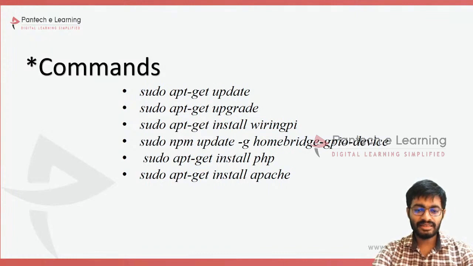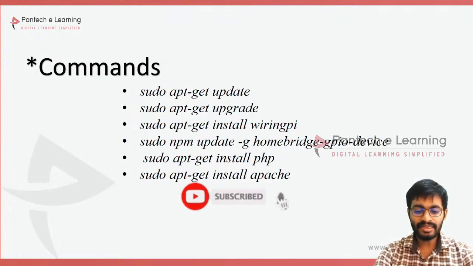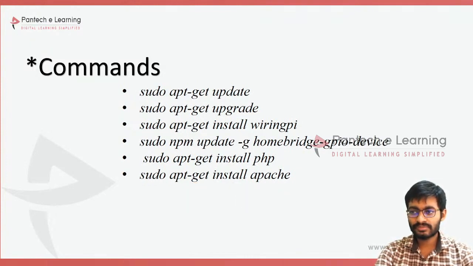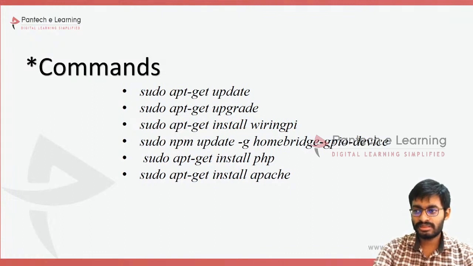So from that sudo npm update homebridge GPIO device only, all those particular GPIO functions will be enabled, which connects with the PHP which has been logged into the browser.